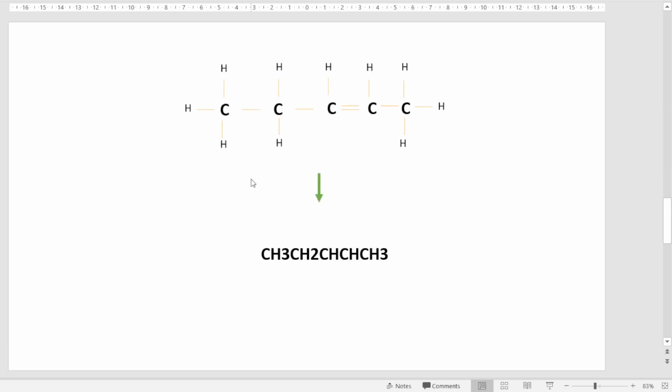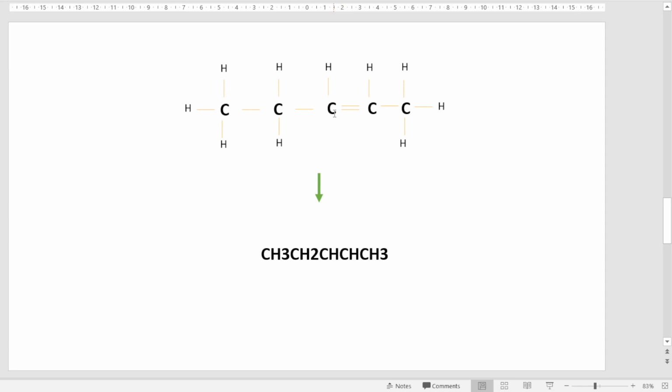So if we try to get the molecular formula, we will just have to count the hydrogen bonds attached to each carbon. For this case, it has CH3, since 3 hydrogen bonds are attached to it. We have here on the second carbon 2 hydrogen bonds attached to it.